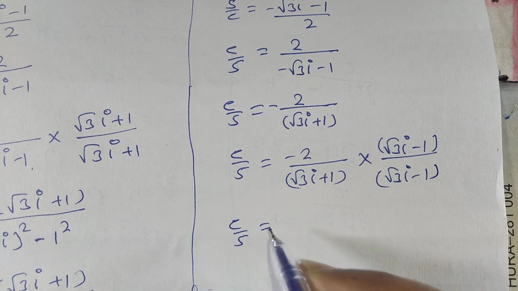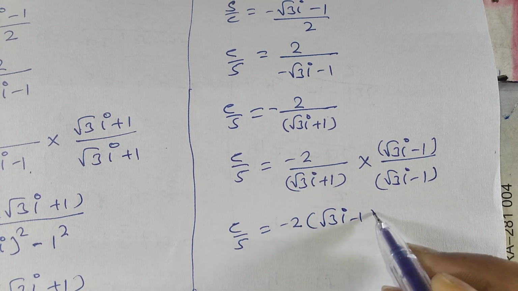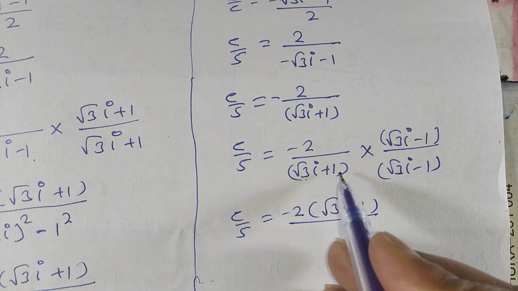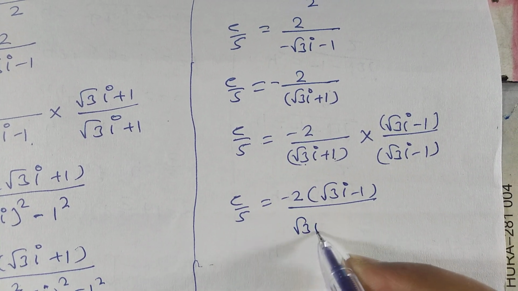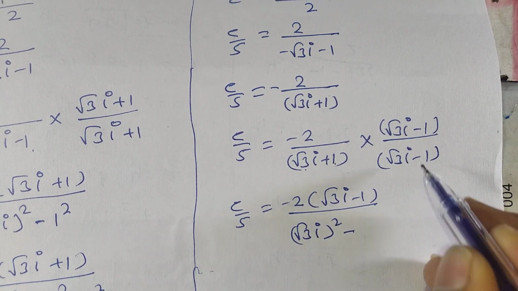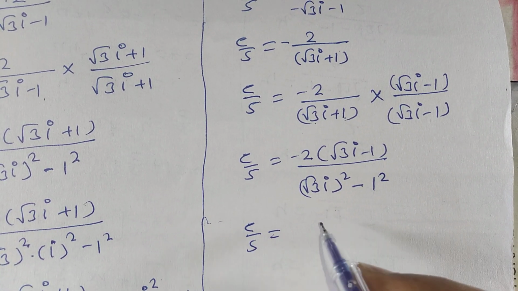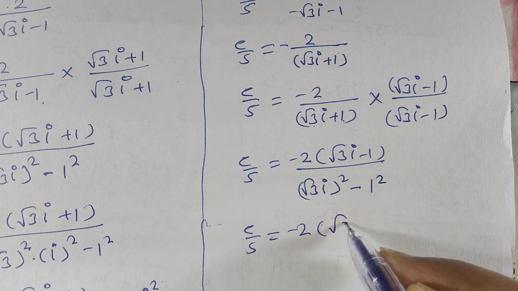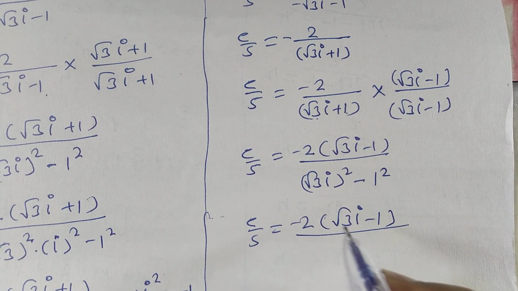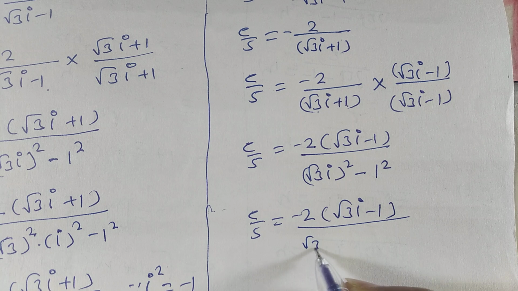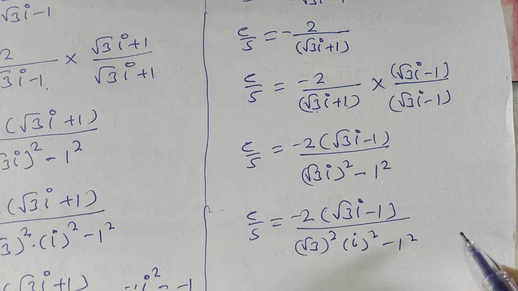C over 5 is equal to minus 2 times square root of 3 iota minus 1 over this, a plus b, a minus b, same as identity a square minus b square: square root of 3 iota whole square minus 1 square. It can be written as square root of 3 square iota square minus 1 square.